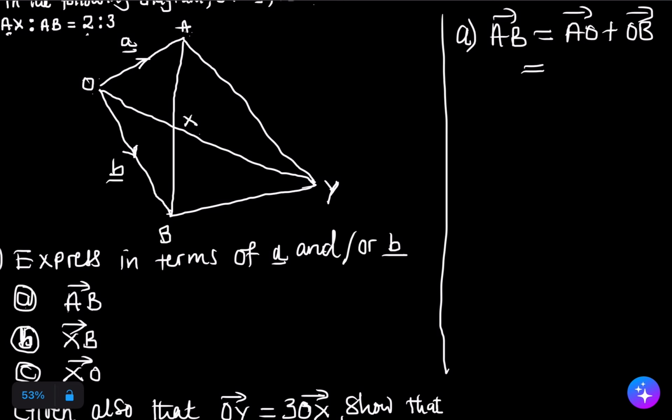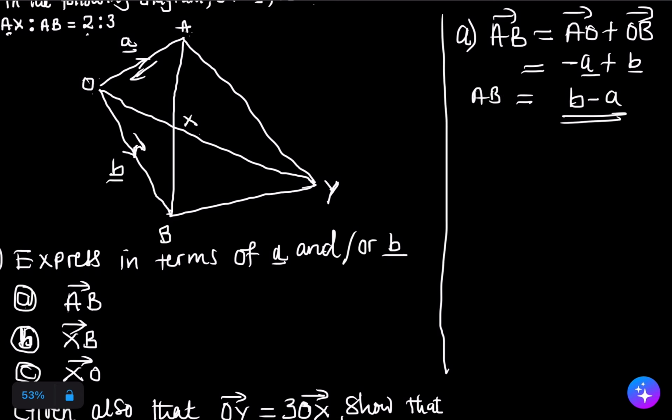In our case here, the vector is going in the opposite direction, so it becomes negative. We are given A there, so it will be negative A, plus OB. Our OB is going towards the direction, so it will be a positive vector, positive B. We correct the signs, so what we have is B minus A. So that is our answer.